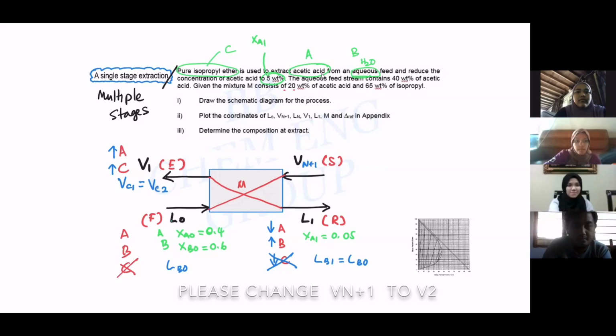So when you look at these questions, you're also given this. Let's first note that the mixture M consists of 20% A and 65% C. So that represents XAM equal to 0.2, XCM equal to 0.65. The balance is XBM.